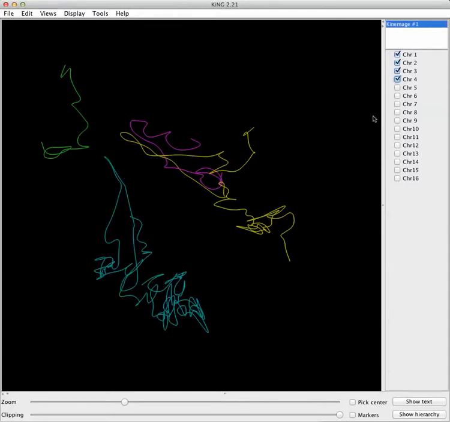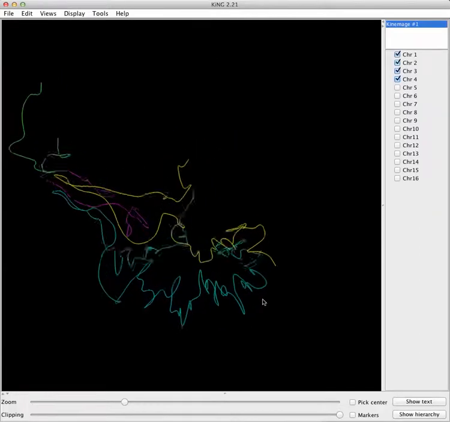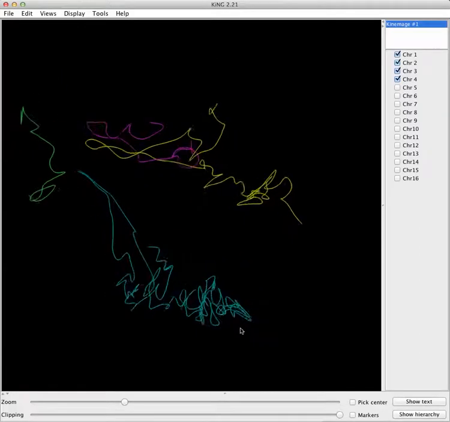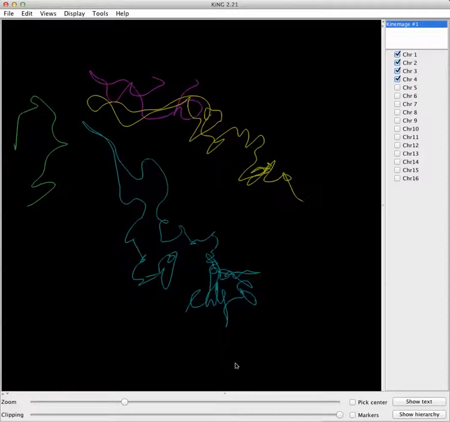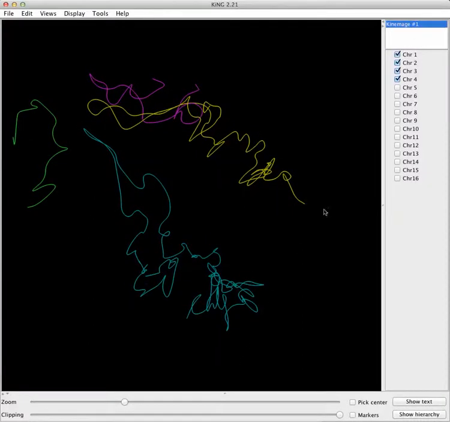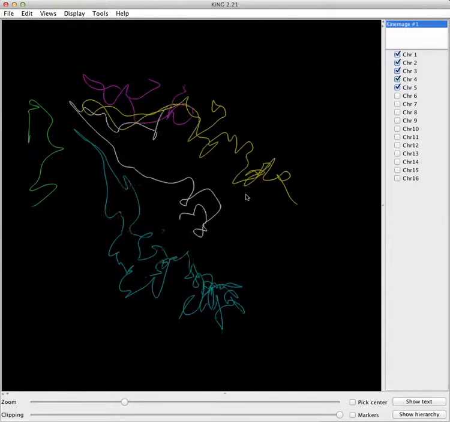Here's chromosome 4, which is off by itself and has a complex structure all of its own. But it's sort of just squiggly. It doesn't have any real definition to it. Of course, the people who did the project would say, oh, no, it's quite highly resolved, but it isn't.